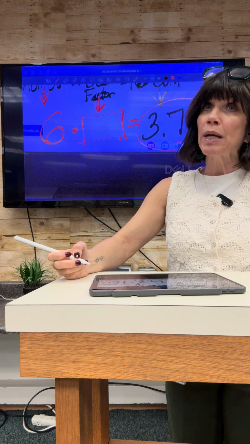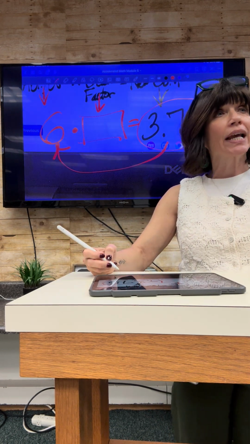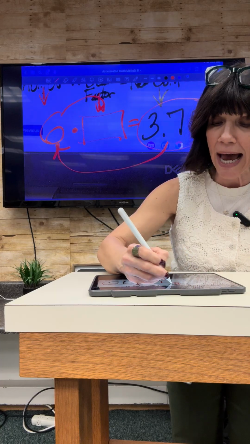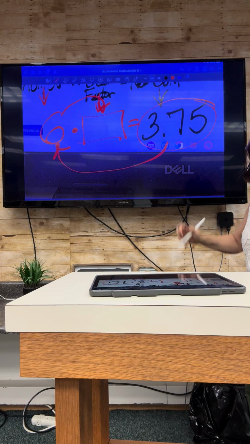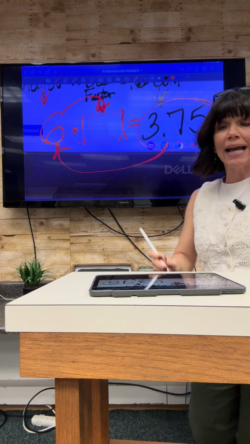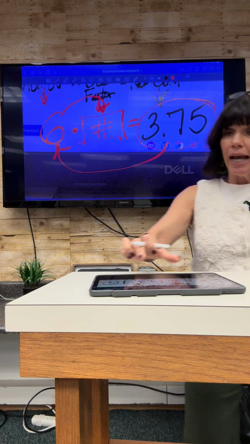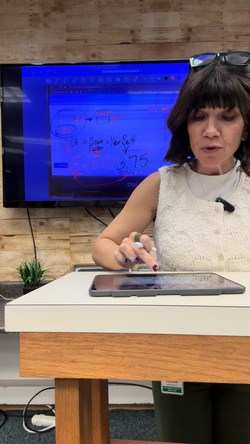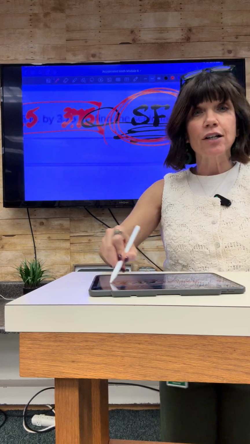The product 3.75 divided by the factor of 6 will equal the factor that we do not yet know and that you are not saying out loud, but should you write it down for your answer later? Yes. And what will this be? This will be the missing scale factor.